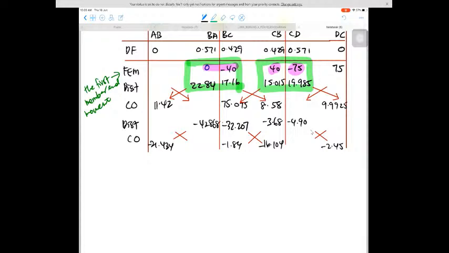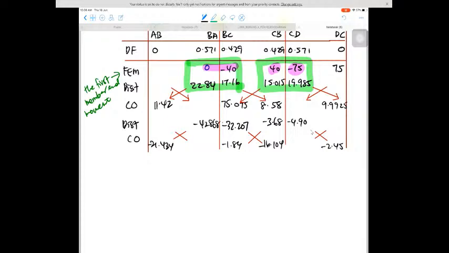We have to repeat the process until the last distribution reaches 0 values. We have to repeat this process again and again. Sometimes we may have 5 times, sometimes 6 or 7 times. We repeat this process, carry over, distribution, and carry over to the partner.